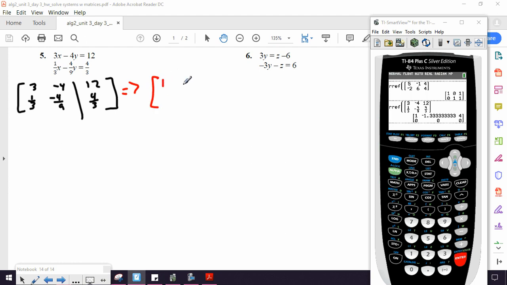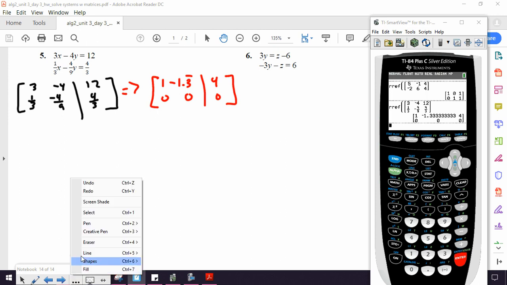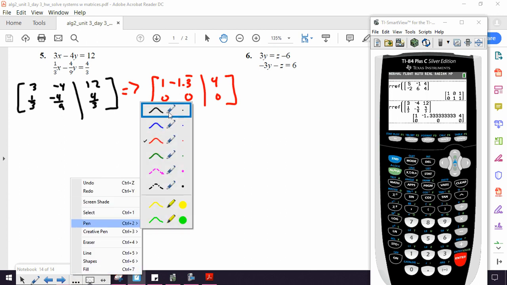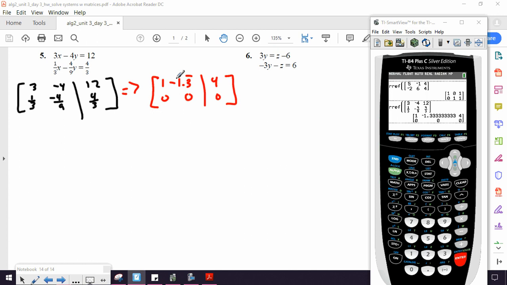We have 1, negative 1.3 repeating, followed by 4. Then we have 0, 0, 0. Now, this output doesn't look like the previous outputs. Remember, we're supposed to have our identity matrix right here. But this is not an identity matrix.